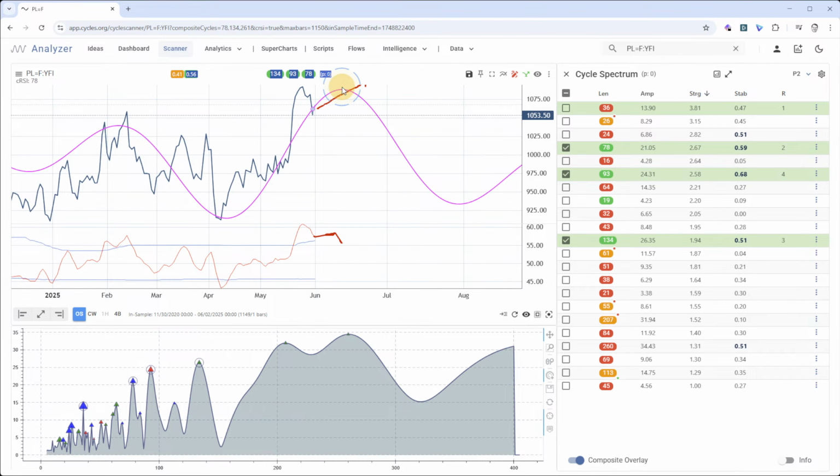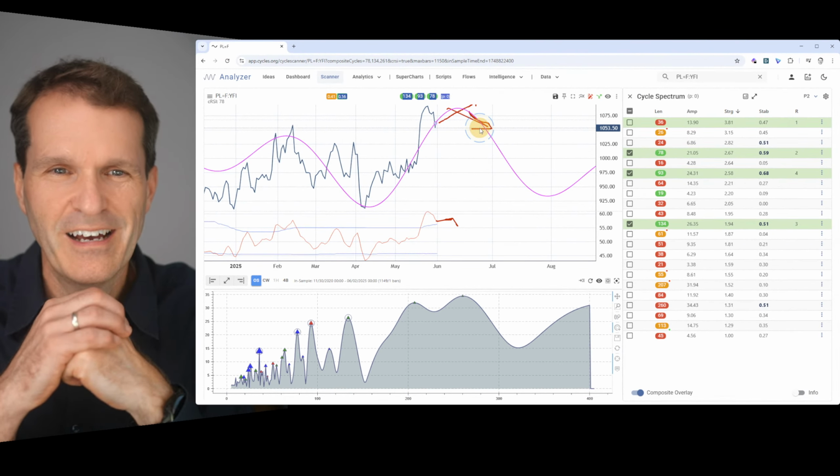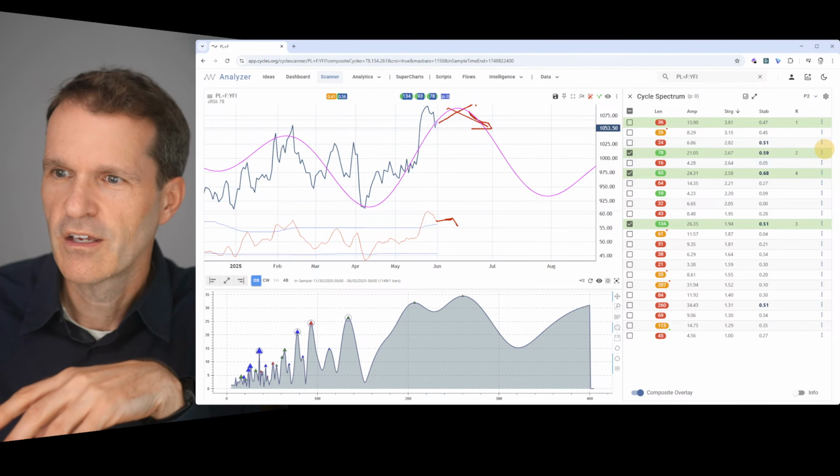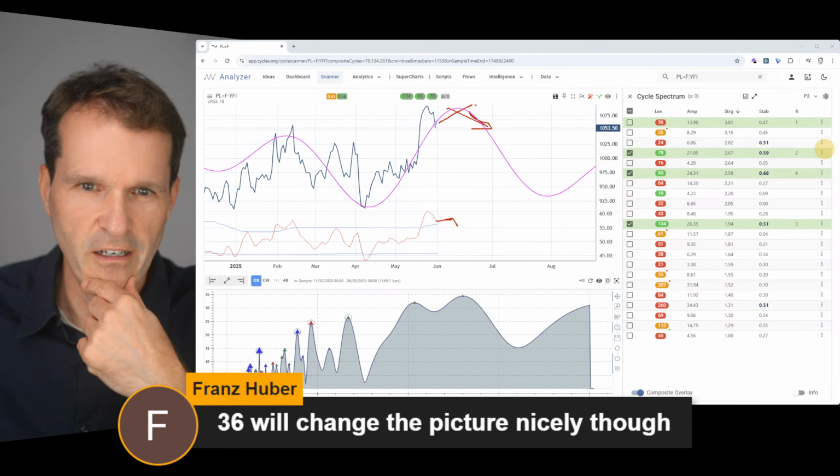So waiting here for another short up move, which will then show us a divergence on the technical indicator. And from these 3 longer term cycles, they all have rolled over to the downside anyhow at that point in time. So this would be an even closer look if we tune in that shorter cycle here, Franz.